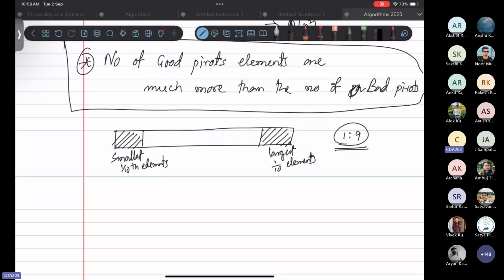So array size is n, so forget about the smallest n by 10 elements and the largest n by 10 elements. How many elements are there that are not lying in the smallest or largest n by 10 elements? These many elements are there.